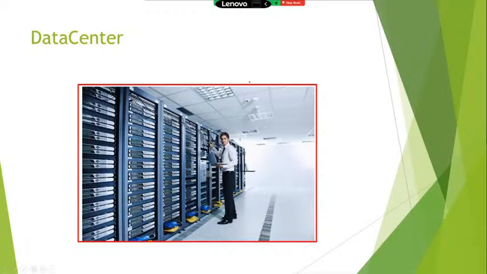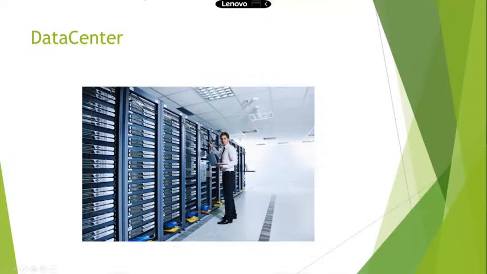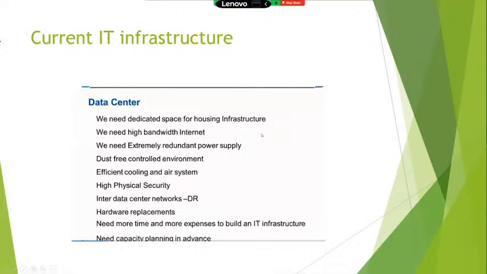So first, we have to purchase one building and design it according to data center rules, regulations and guidelines. After designing the data center, we need many things. What are the things? First, we need dedicated space for housing infrastructure. Next, we need high bandwidth internet.